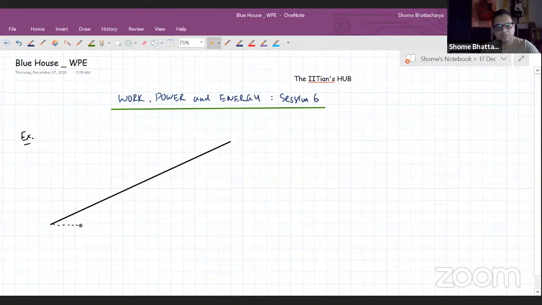So we have a rough inclined plane at an angle of 37 degrees with respect to the horizontal. And at the end of the inclined plane here, we have a spring attached.